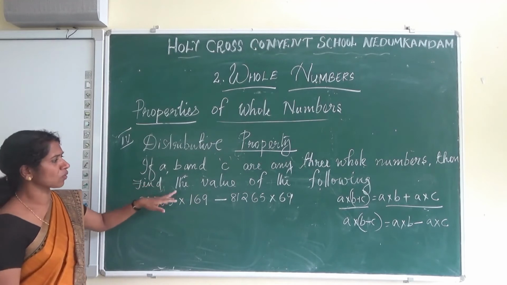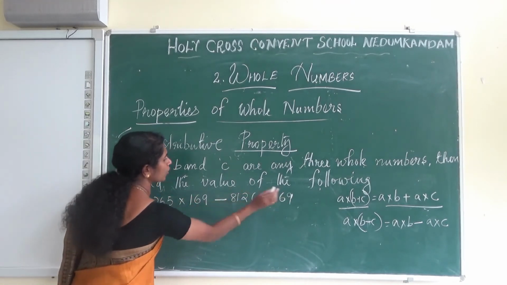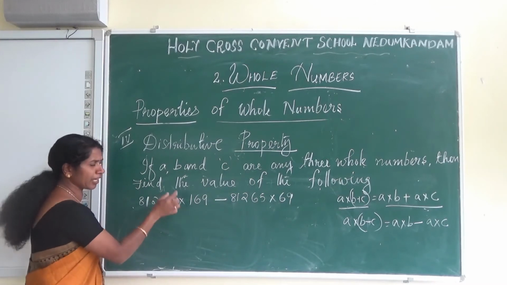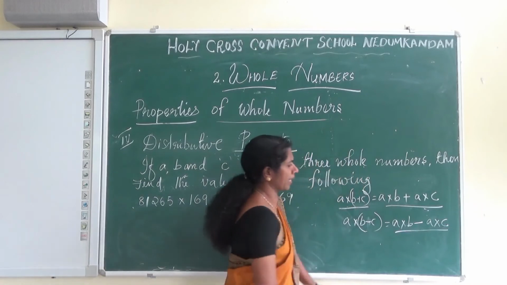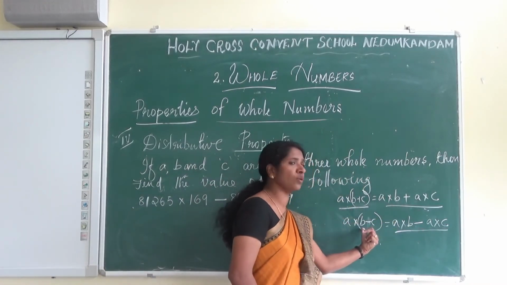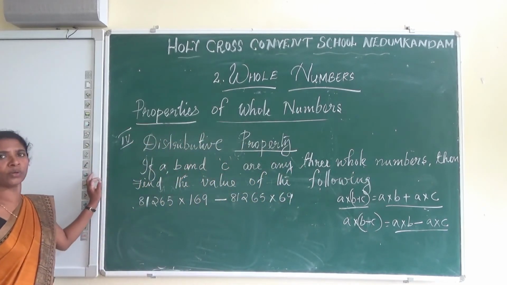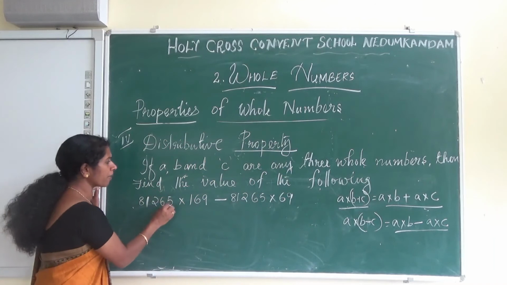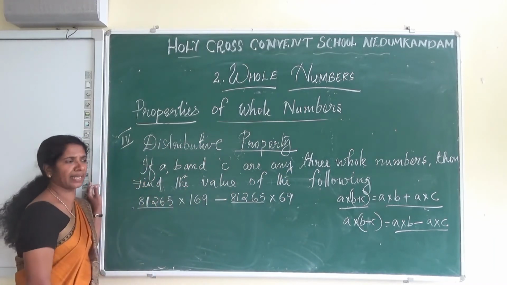This is also in the form of A into B minus A into C. The question is in the form of the right side, and you need to convert it into the left side form. Left side form means A into (B minus C). Here the common number is considered as A.